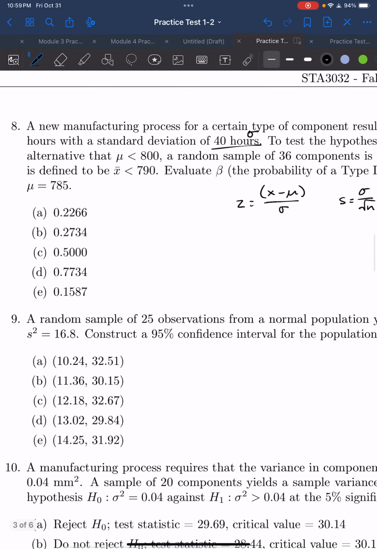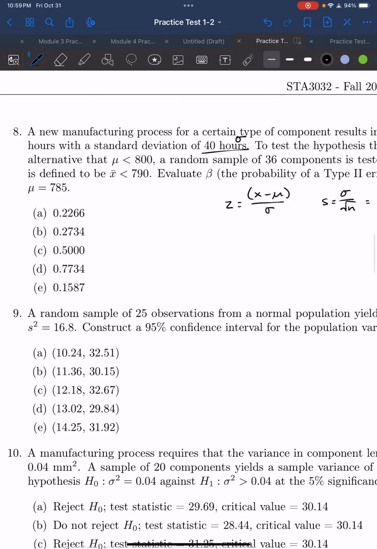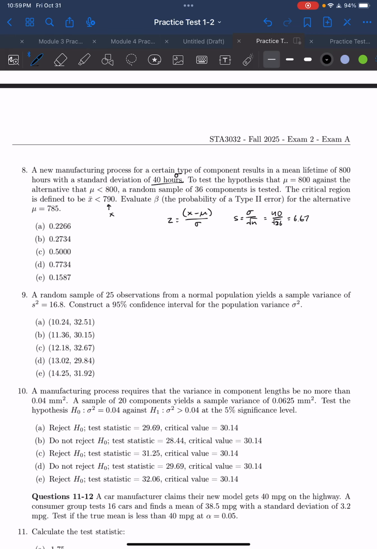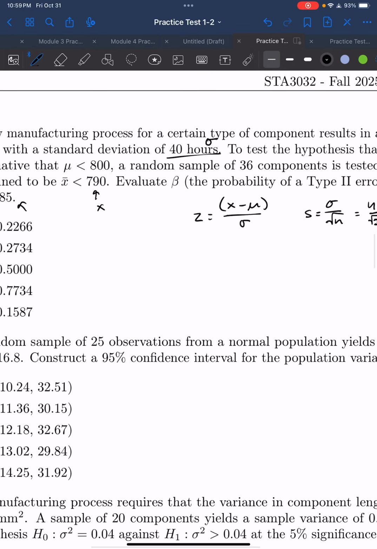So our x value is going to be our 790 over here, since that's the bound of our critical region. So we're looking for if it's less than this x value of 790. And then we have our mean here, which is 785.